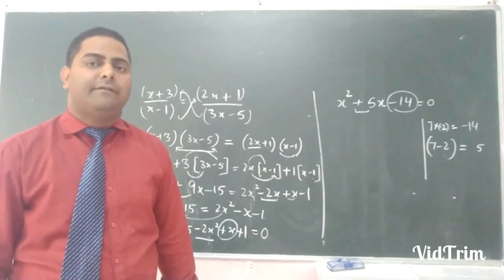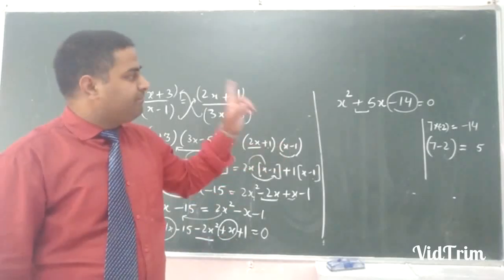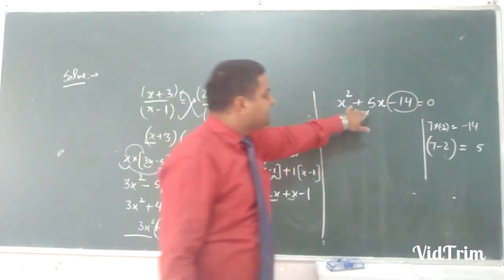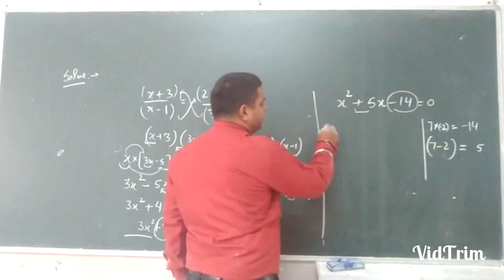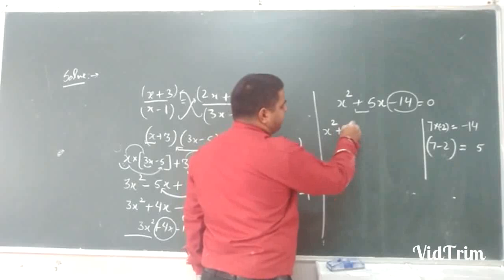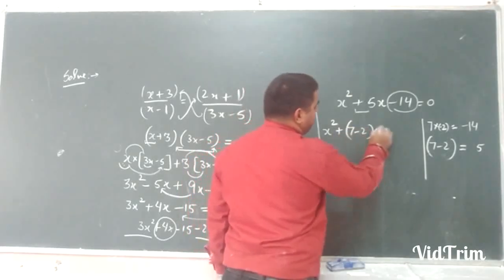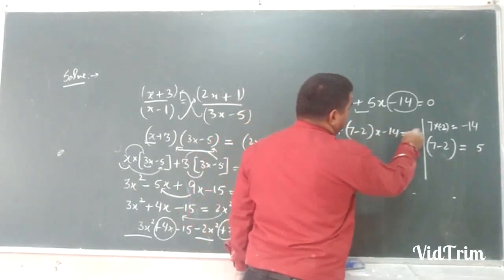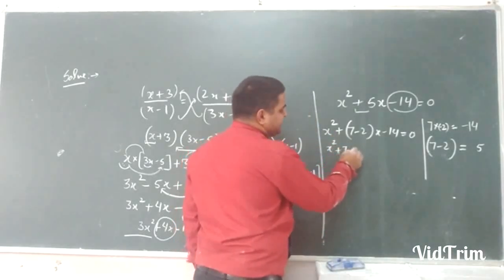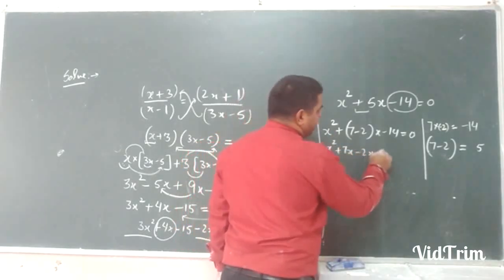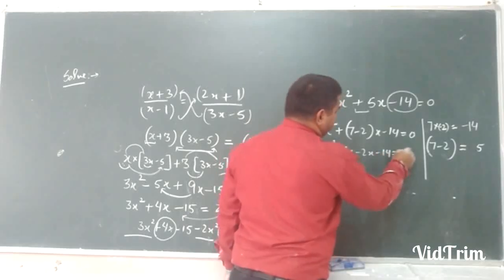So we got the values. Now we have to replace plus 5 with 7 minus 2. What do we get? X square plus 7 minus 2x minus 14 equals to 0. So open the bracket, x square plus 7x minus 2x minus 14 equals to 0.